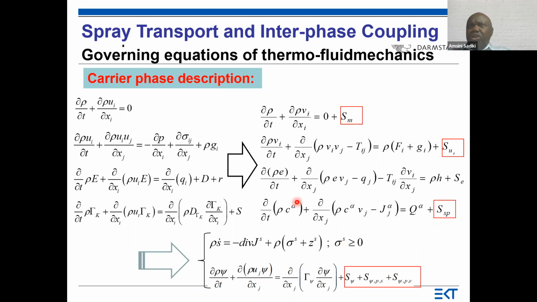And this set of equations, we can put them in a generic expression like this one, where psi will be rho, the momentum, or the energy, or also the concentration, everything we would like to track or to describe, like kinetic energy or dissipation or Reynolds stress tensor, etc. So for the carrier phase, we can have in mind these two sets of equations.